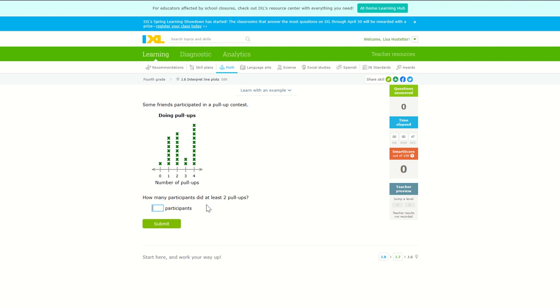Okay, be careful because it says at least 2 pull-ups. So that means they could do 2, they could do 3, or they could do 4. So we're going to count up all of the X's starting with 2.